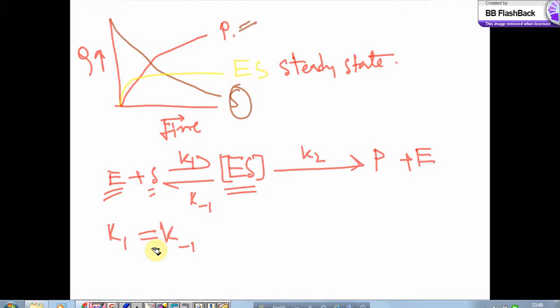The enzyme substrate association and dissociation rates are similar. So the enzyme substrate concentration maintains a steady state level after some time, and then the complex again produces P in this direction. With time P will be produced, and with time the substrate concentration will be reduced. So the graph is like this.